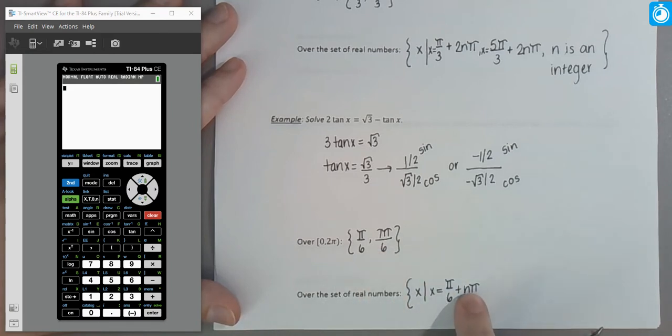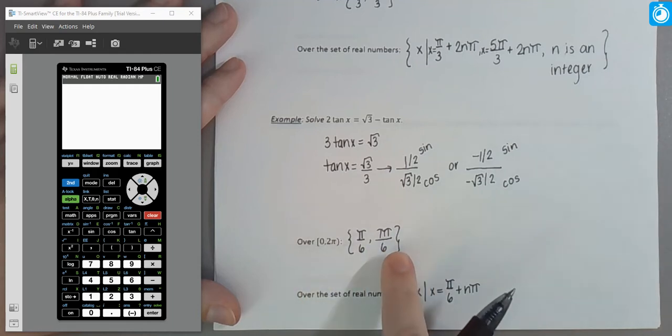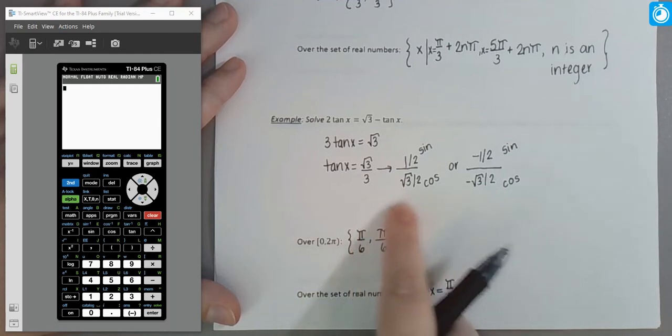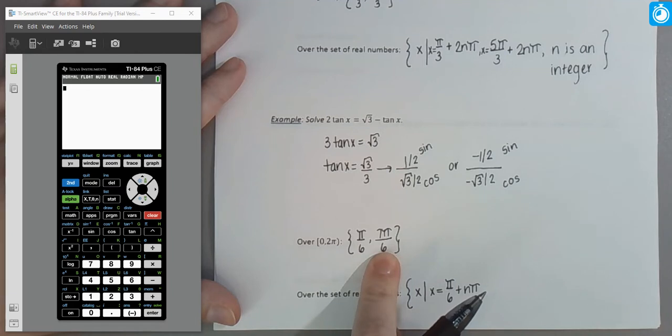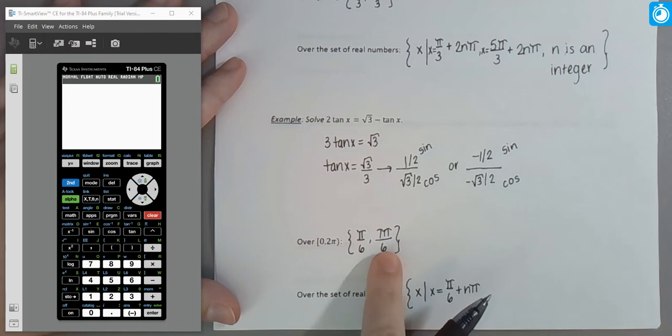Well, if we can take a value of n right here and generate the other fundamental solution over that first rotation from 0 to 2 pi, then we can also generate all of the other solutions that would come from this radian measure. So this particular formula alone can actually generate everything that is, number 1, related to pi/6, but also, number 2, related to 7 pi/6.